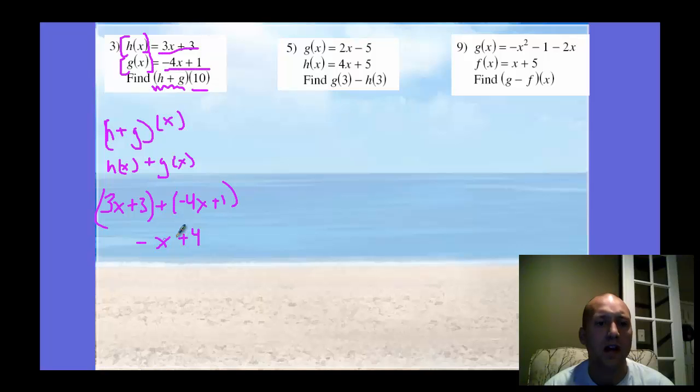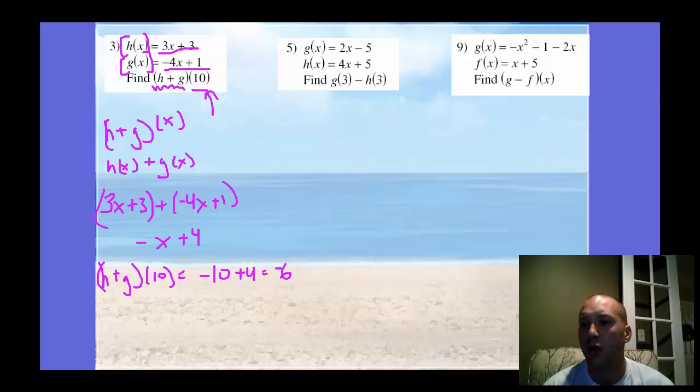But we're not really trying to find the function, we're trying to find it when x is 10. So then we can actually plug in 10. So now we can say that h plus g of 10 is equal to negative 10 plus 4, which is negative 6.